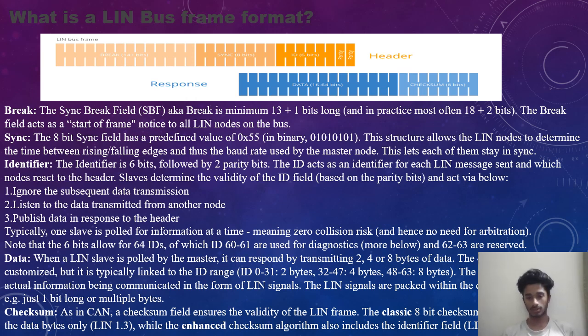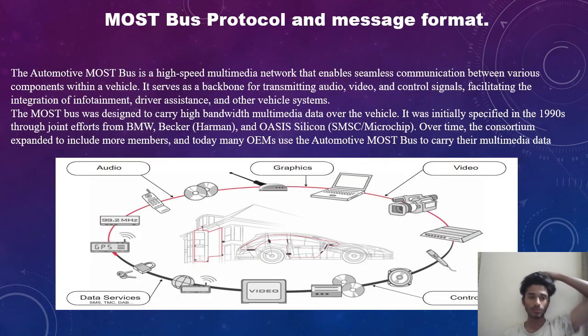So let's move on to the next slide. The automotive MOST bus is a high-speed multimedia network that enables seamless communication between various components within a vehicle. It serves as a backbone for transmitting audio, video, and control signals, facilitating the integration of infotainment, driver assistance, and other vehicle systems.